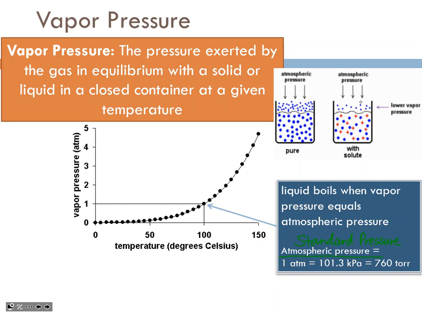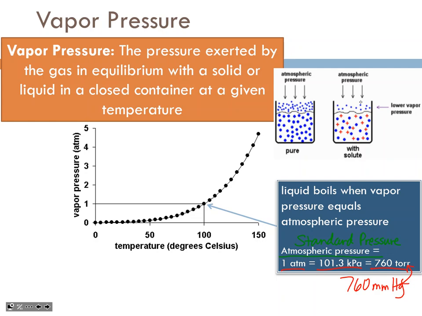And these are the values: 1 atmosphere, 101.3 kPa, 760 torr, or 760 millimeters of mercury. These are basically the same. Torr is after the guy's name, and millimeters of mercury is the actual measurement done there.